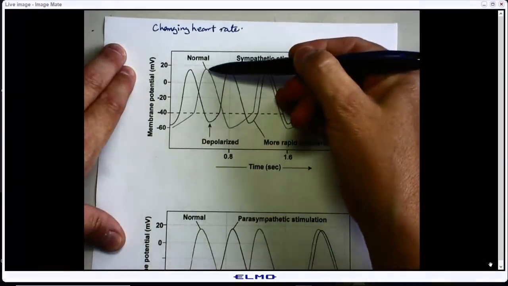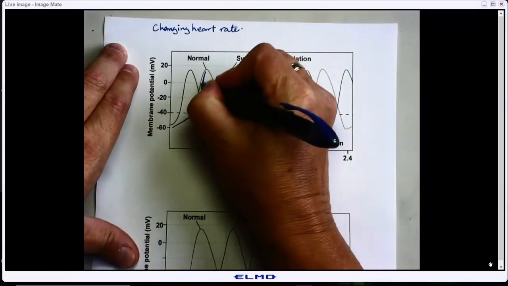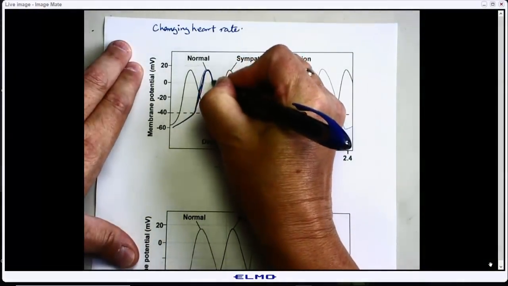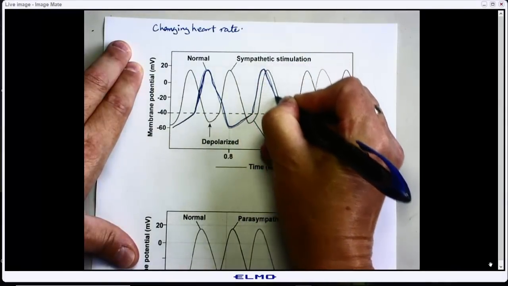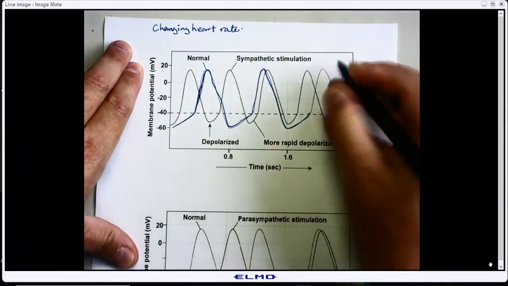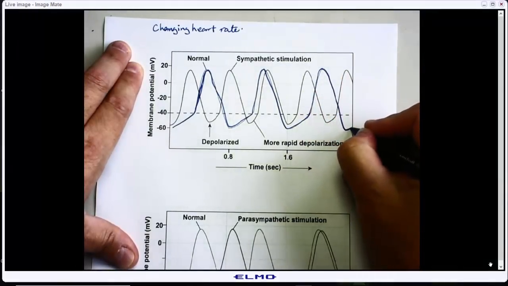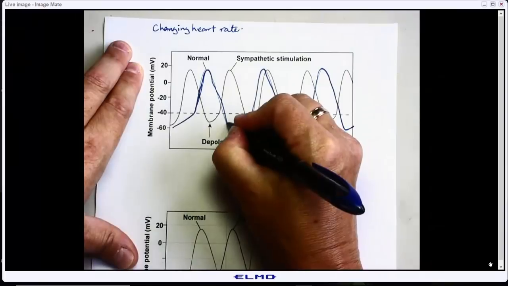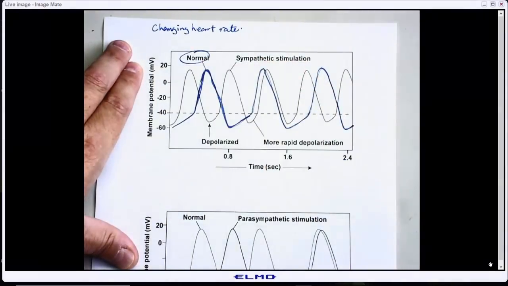Okay, so here's our normal rate. This guy would be our normal spontaneously depolarizing SA nodal cell, setting up a heart rate or a spontaneous depolarization rate of about 70 to 80 beats per minute. Okay, so that's under normal conditions.